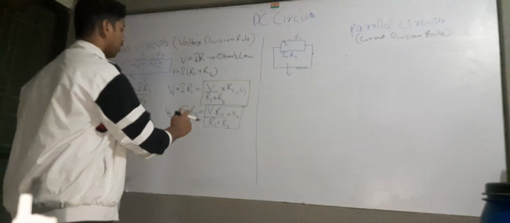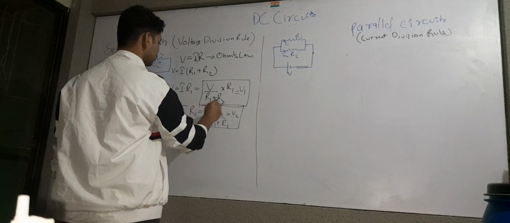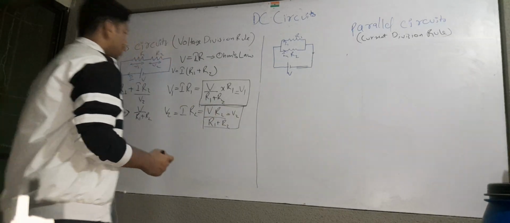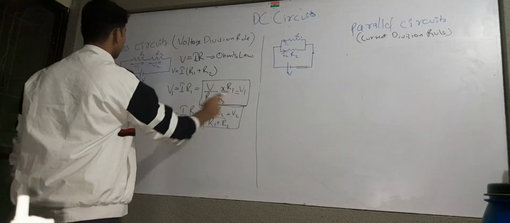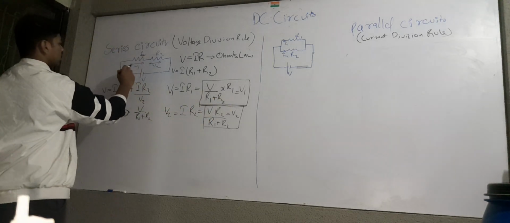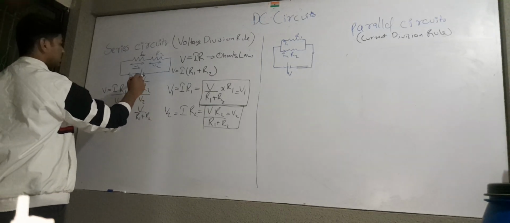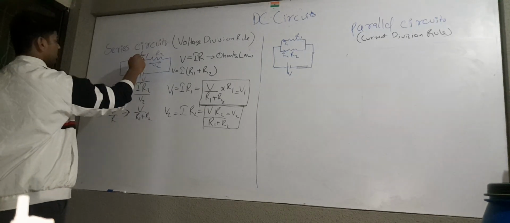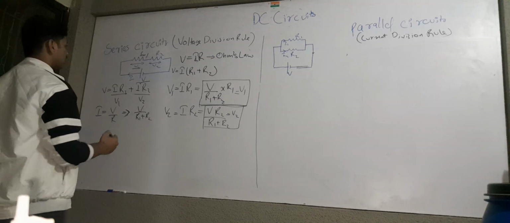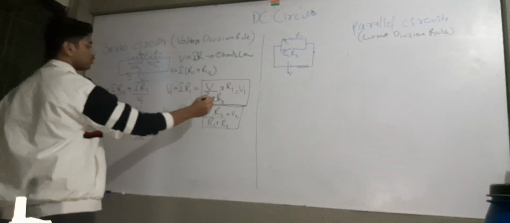So this is what we get here. The voltage across this resistor is nothing but the total voltage multiplied by this resistance upon the total resistance.